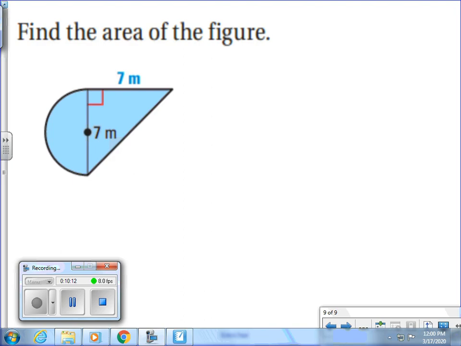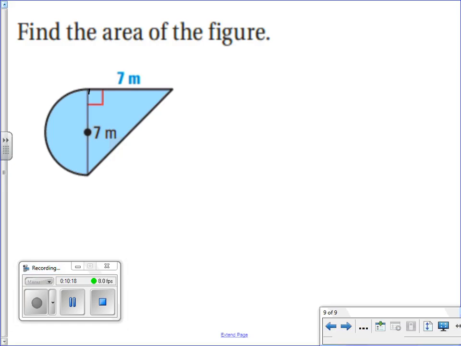For the last problem here, I want to find the area of this figure. Now, if you look at this figure closely, you'll see that I have a right triangle here, as well as a semicircle, half of a circle. So let's start with finding the area of the triangle.